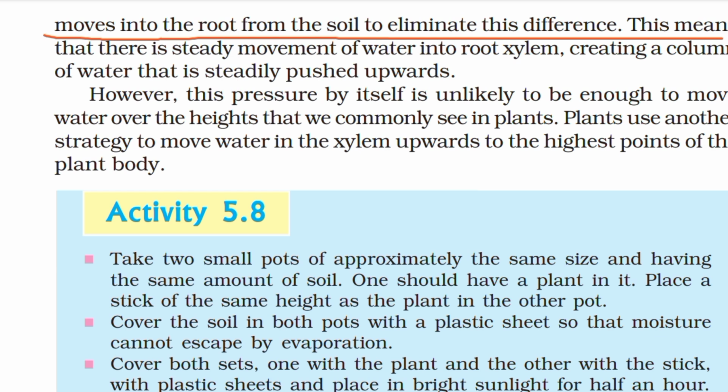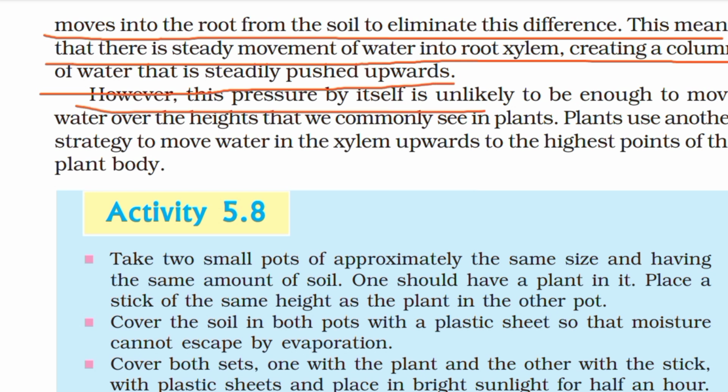This means that there is a steady movement of water into root xylem, creating a column of water that is steadily pushed upward. However, this pressure by itself is unlikely to be enough to move water over the heights that we commonly see in plants.